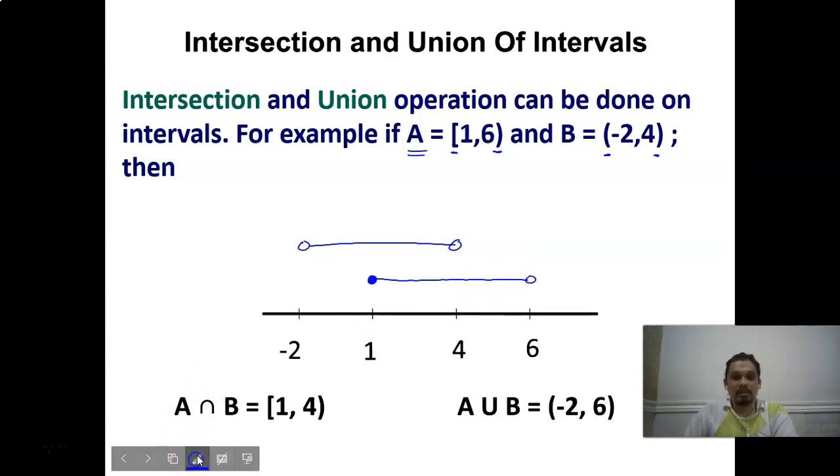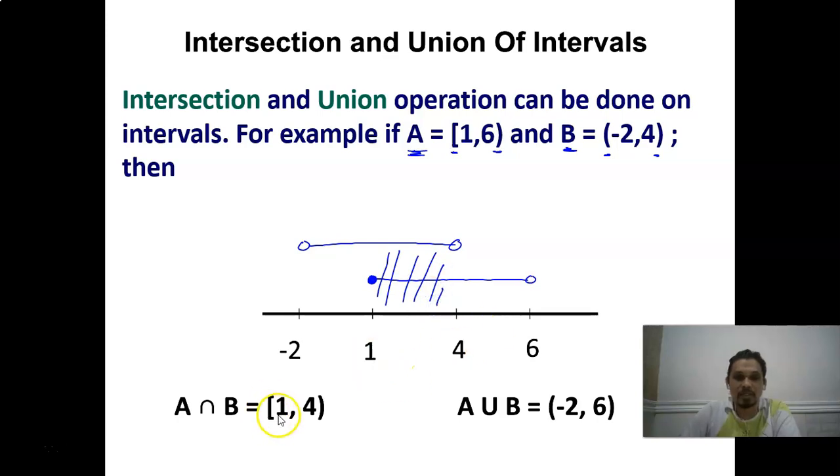Okay, so now A intersect B, set A and set B. When A intersect B, we find out where these two lines intersect each other. It's not here and it's not here, but it intersects here.